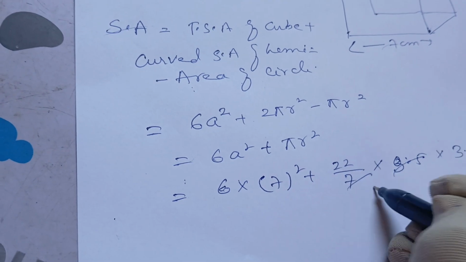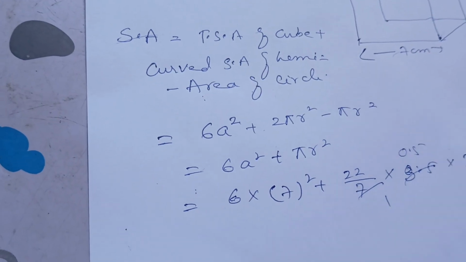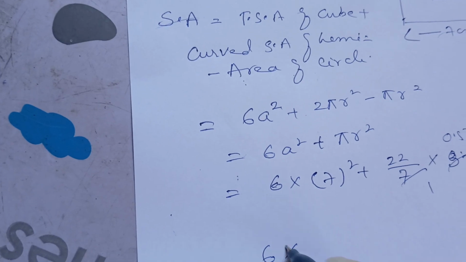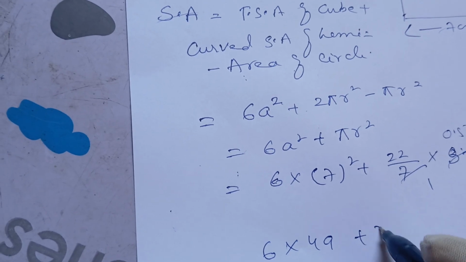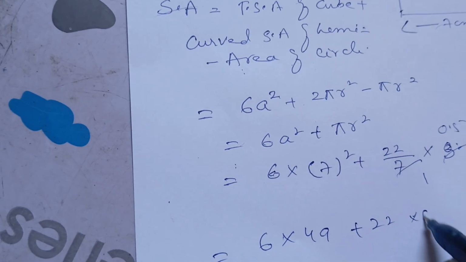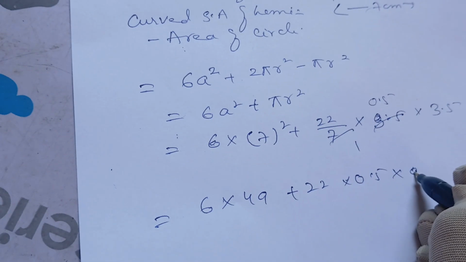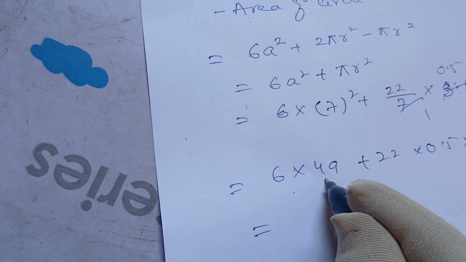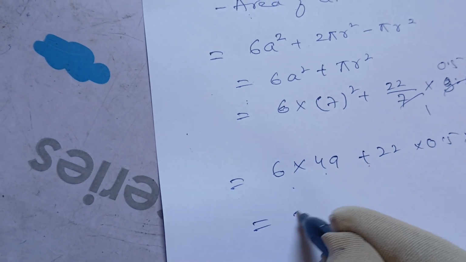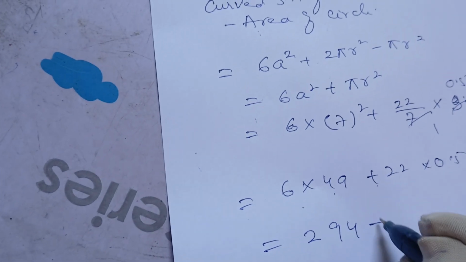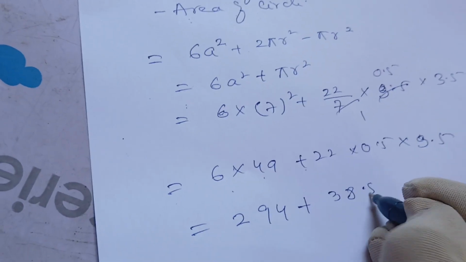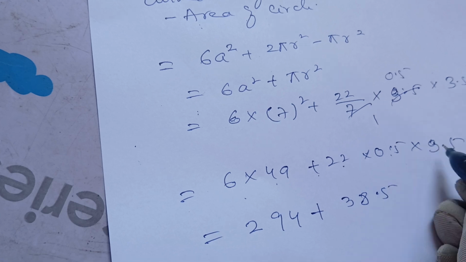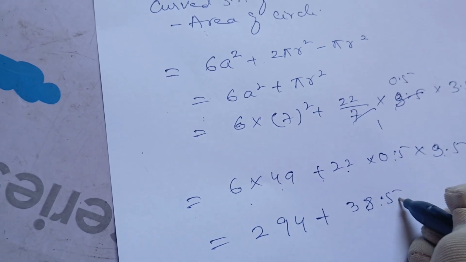Now we will divide by 7. 7 ones are 7, 7 fives are 0.5. So what we get is 6 into 49 plus 22 into 0.5 into 3.5. When we calculate this, 6 into 49 we get 294, plus 22 into 0.5 into 3.5, we get 38.5.